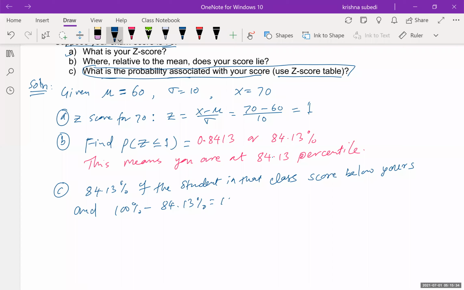Is that 15.87% did better than you, score above yours. So that means 15.87% of the students did better than you, and 84.13% of the students did not do better than you, poorer than you. Okay, does that make sense? Everyone is okay with this?